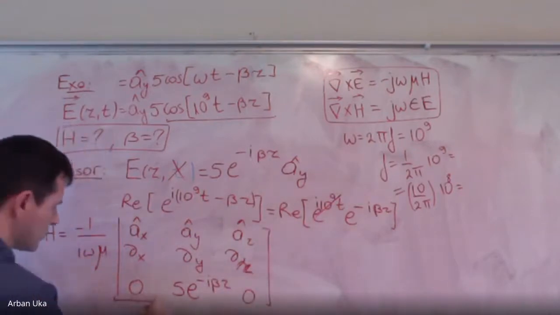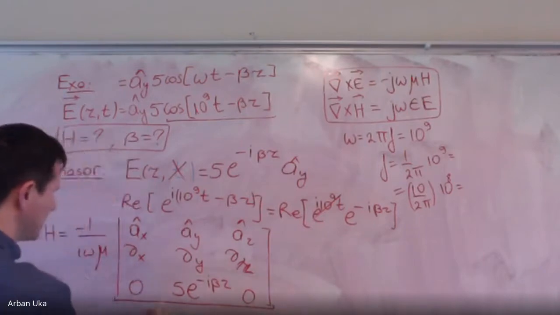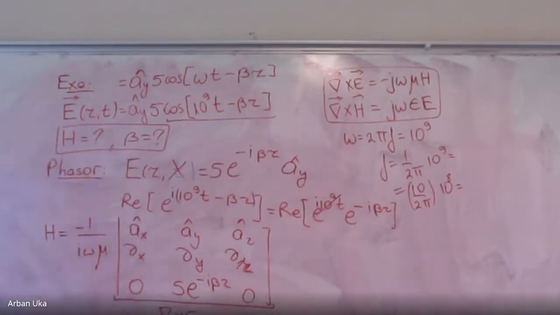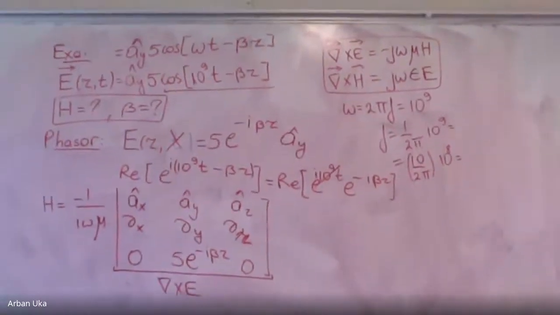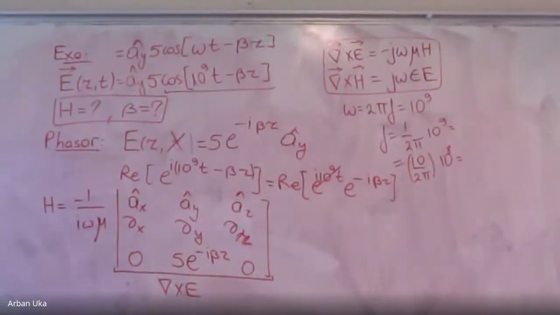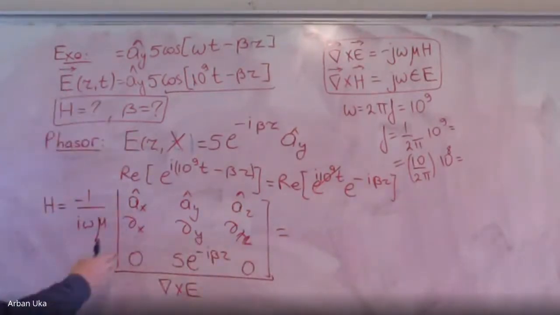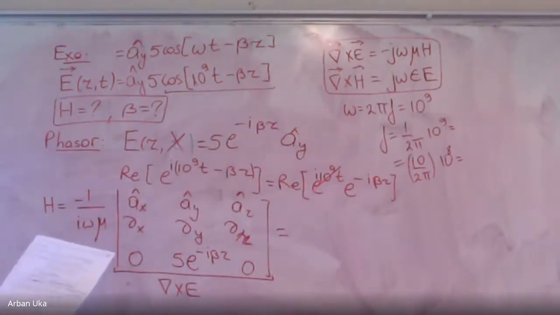Okay? So this whole term here, this is curl of E. So this is how we get this from the Maxwell's equation. Then we follow all the steps. So we just calculate what the curl is here, and the final answer is the following.